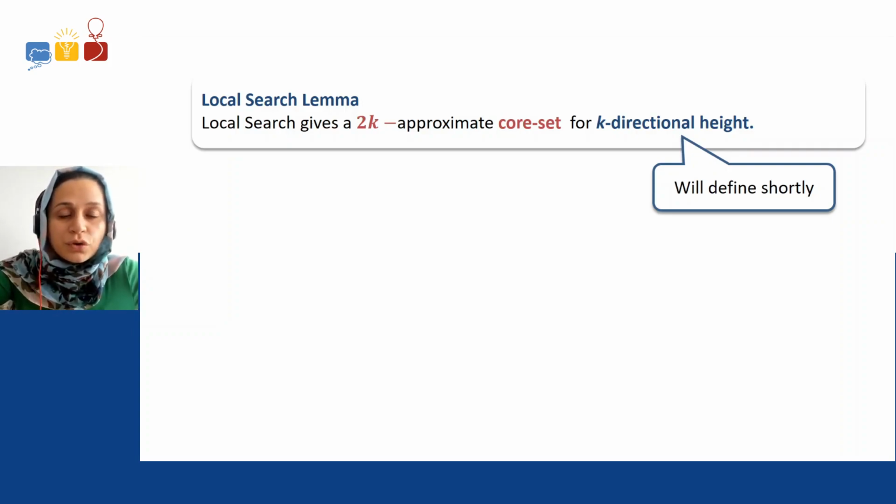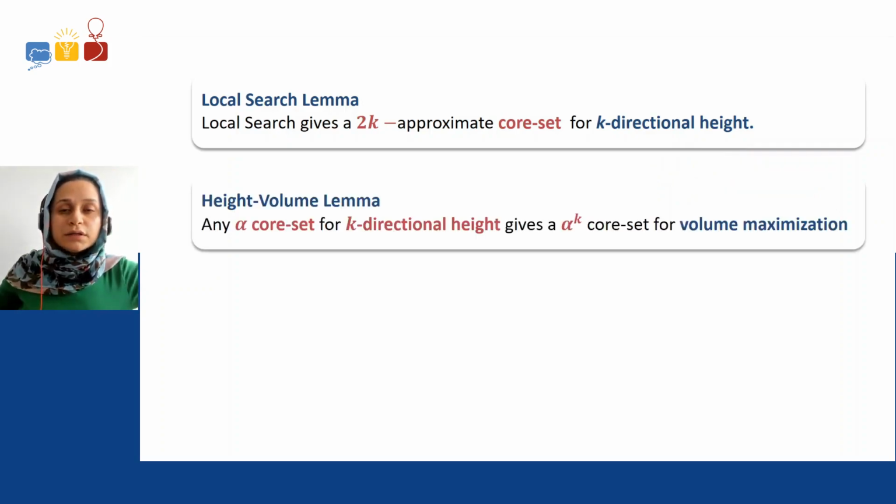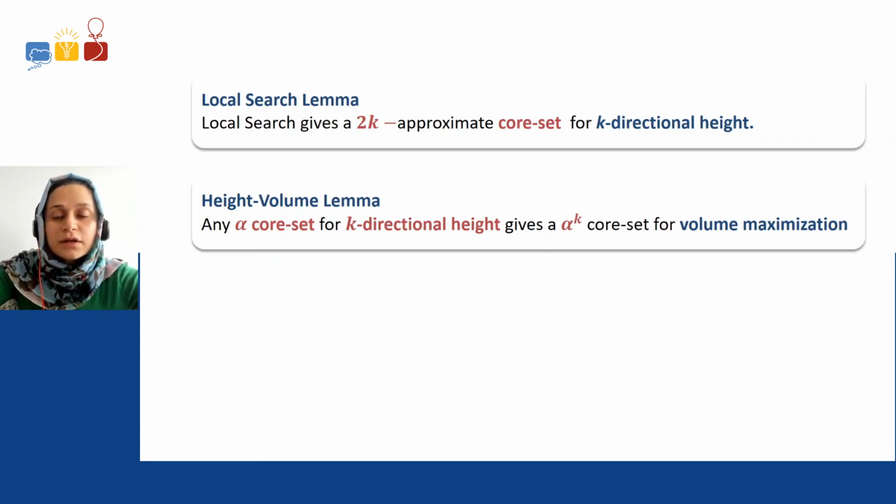And second, we show a more general lemma relating the height to volume. Basically, we show that any coreset for height gives a coreset for volume. So any subset of points, any alpha coreset for k directional height gives an alpha to the k coreset for volume maximization.